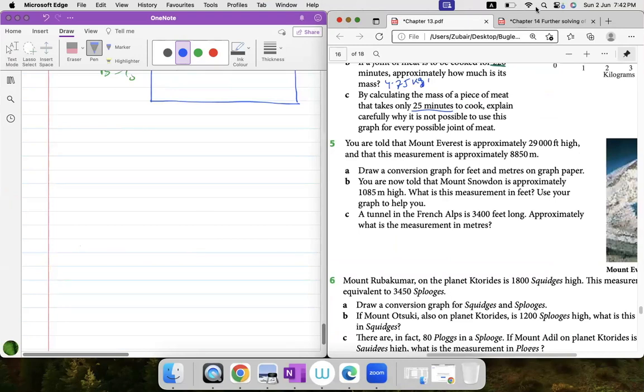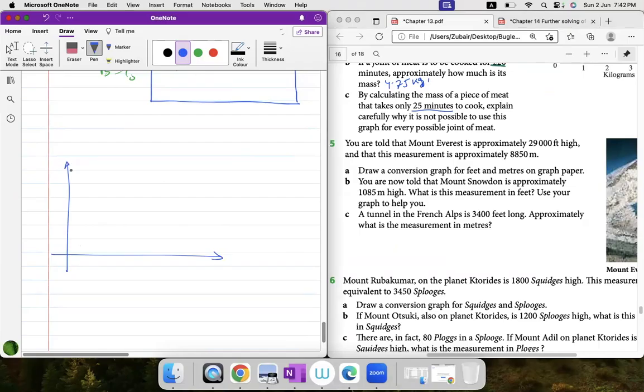I think I'll quickly draw a sketch and then use that software to draw the accurate graph. So we know that Mount Everest is approximately 29,000 feet high. So I'm using feet on x-axis and meters on y-axis. Definitely we will select our values.